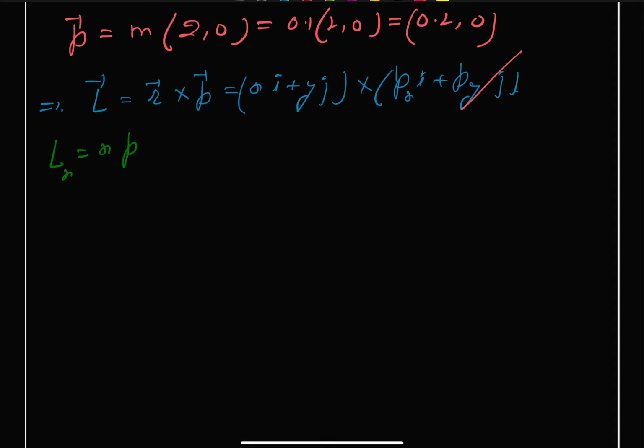This will be px multiplied by x and px multiplied by y, cross product.